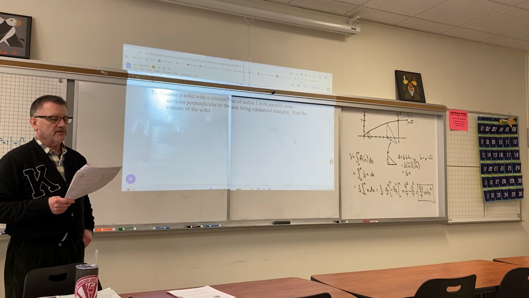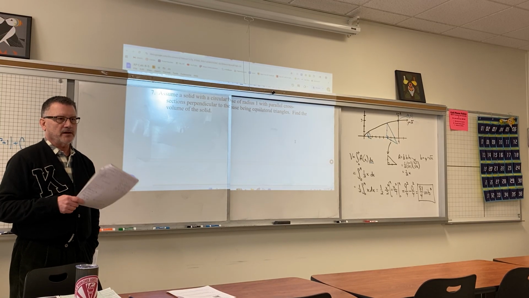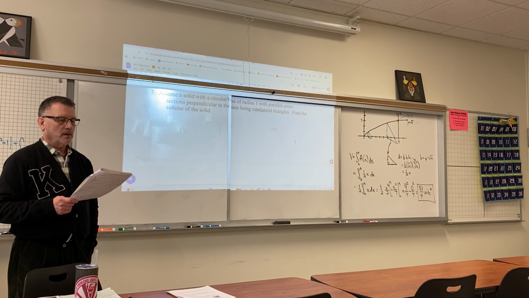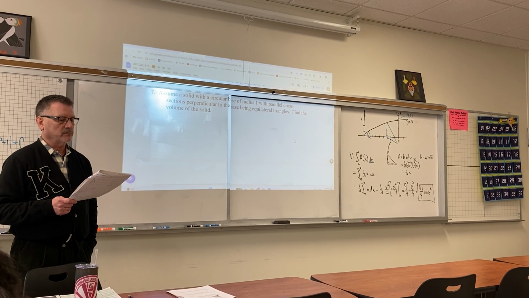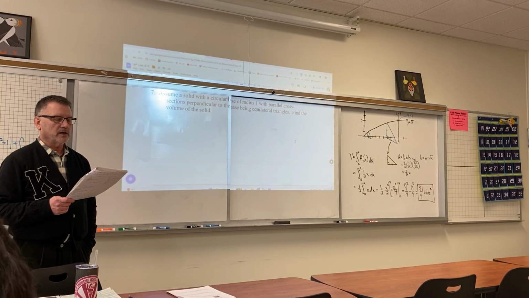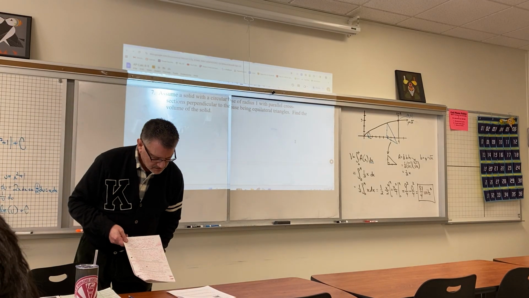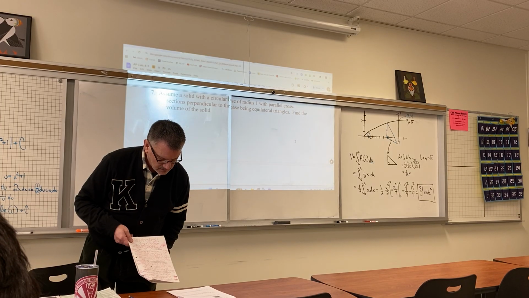Okay, I have a solid with a circular base with a radius of 1, with parallel cross sections perpendicular to the base being equilateral triangles. Did I say perpendicular to the x-axis?